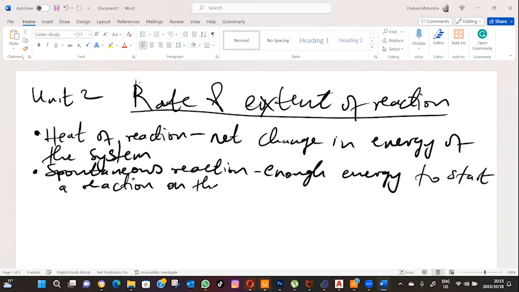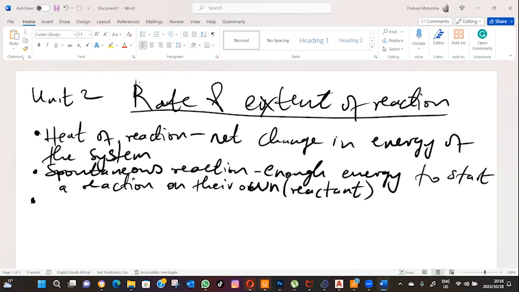On their own, we mean when the reactants have enough energy to start the reaction. We call it a spontaneous reaction. When there's not enough energy to start a reaction, you need energy to start it, and we call that a non-spontaneous reaction.